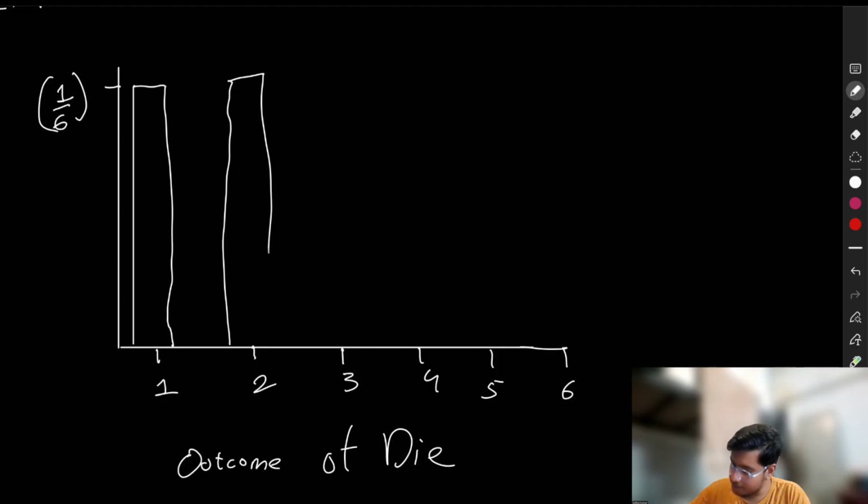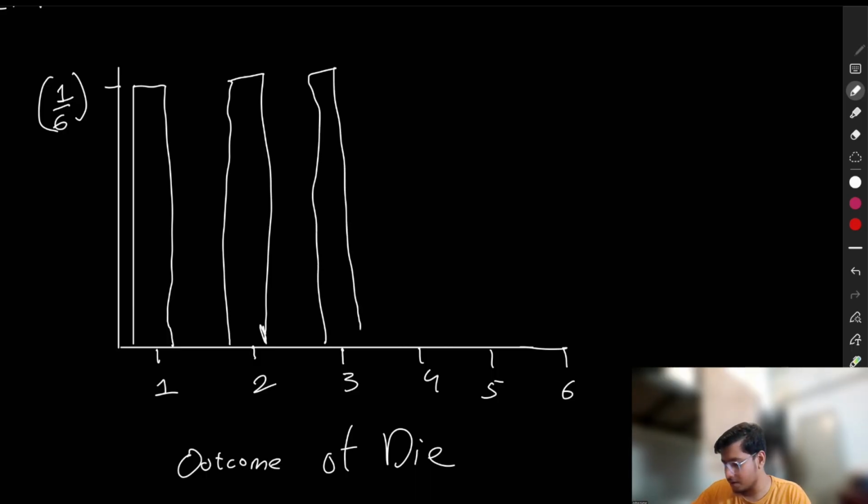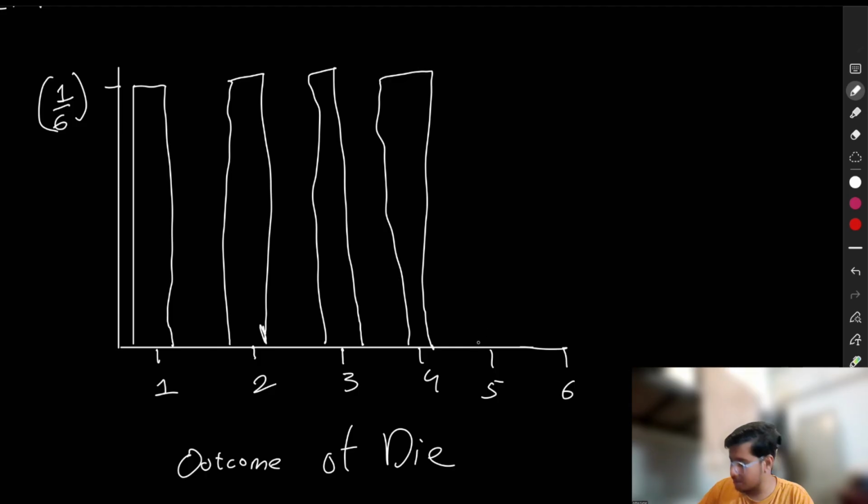Similarly, 1 by 6. Similarly, for 3 also, 1 by 6. What is the probability that we roll a die and the outcome is 4? It is also 1 by 6. Similarly, for 5 and 6. Pardon my drawing of the graph.